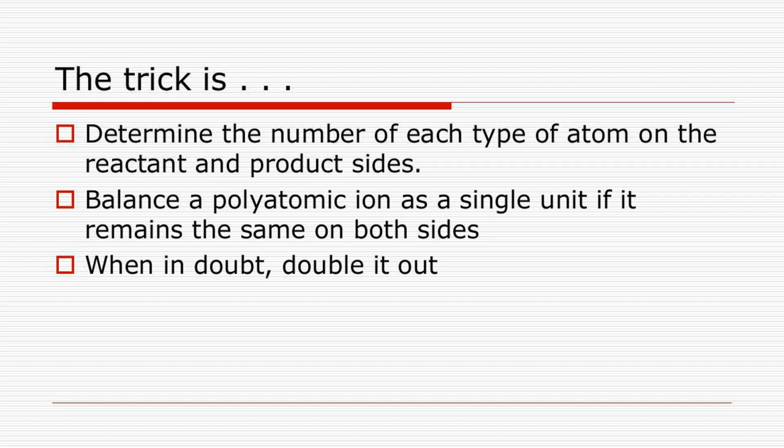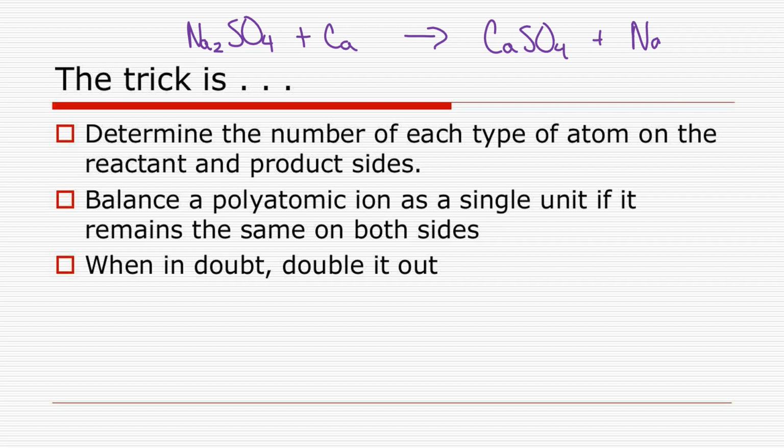So say maybe you have sodium sulfate plus calcium, and it reacts to form calcium sulfate plus sodium, something like that. Since SO4 stays the same on both sides, I can treat it as one singular thing. So balancing wise, I could treat that as an X or something like that.